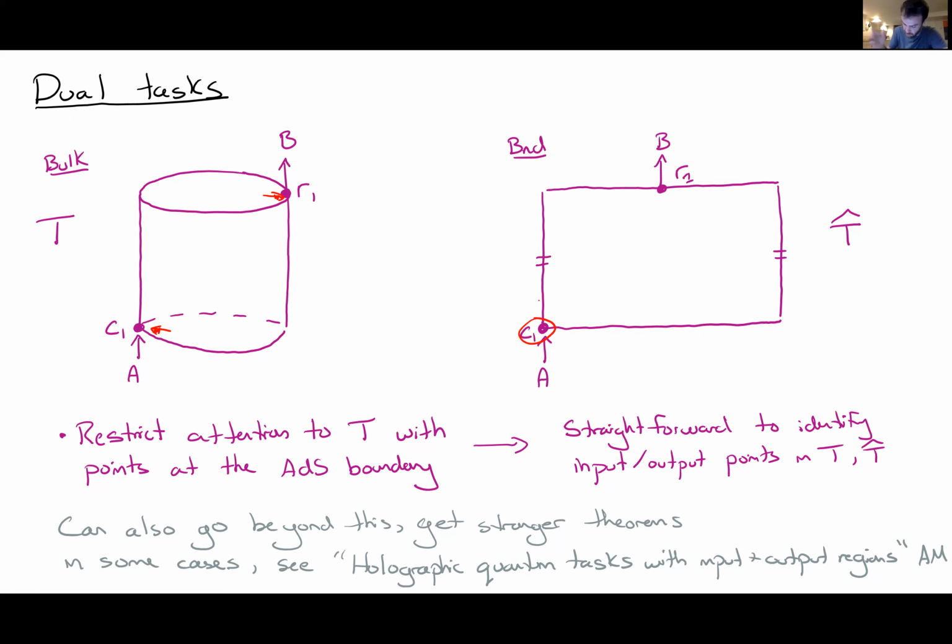And then we'll say that the inputs to this point here are the same as the inputs to this point here. The task specifies what quantum information you get at C1 and what quantum information you have to return to R1. In the bulk and boundary picture, the degrees of freedom that quantum information is put into will look very different, but that's okay. At the quantum information level, it's the same thing.